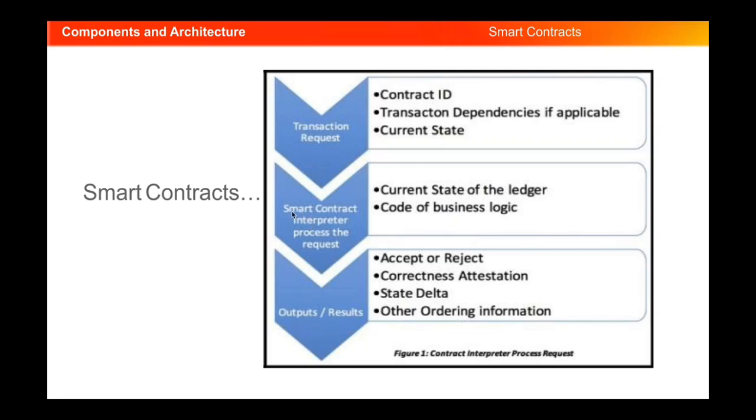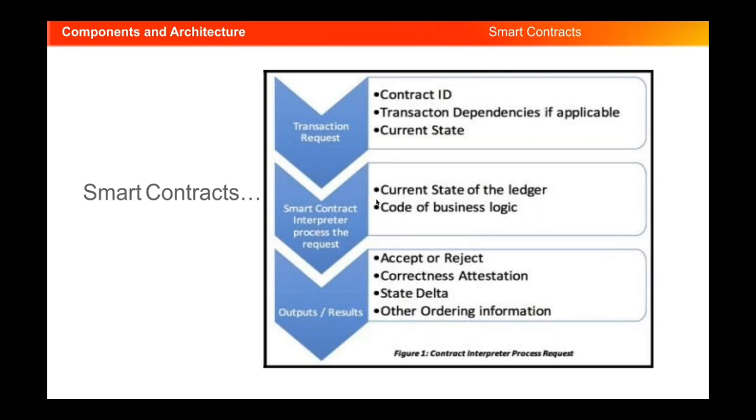Next, as part of this process, the smart contract interprets the request. As part of interpreting the transaction, it looks for the current state of the ledger, and it also looks for the deployed business logic in terms of the smart contract.